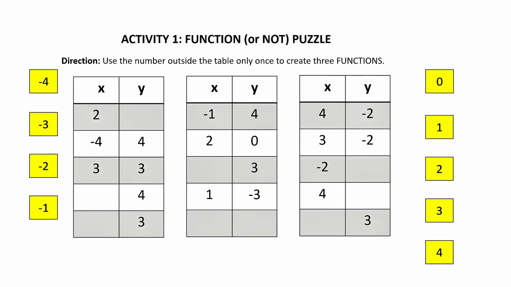In the first table, the inputs are 2, -4, and 3. We choose the numbers from outside the table and put them in the x value or the input that are not 2, neither -4 nor 3. As we can see, there are 2 inputs or the value of x that we need to fill in and 1 output or the value of y.